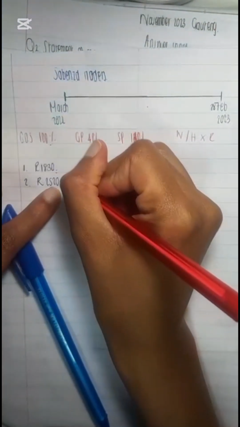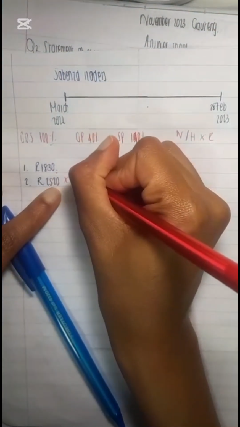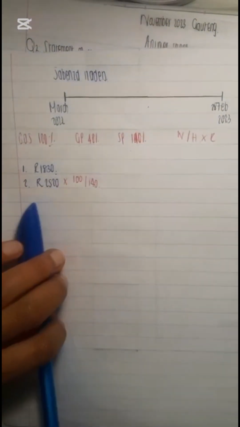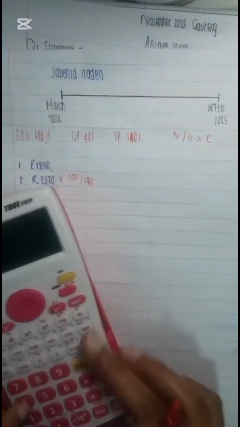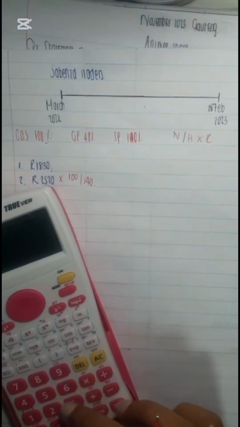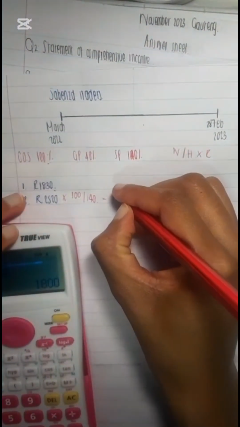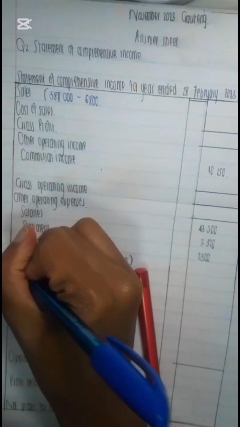So we have the amount here. You want 100 over 140, and that gives us an amount of 1,800. That would be our donations amount.